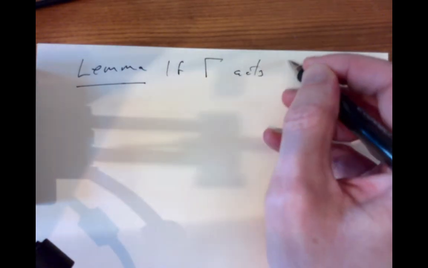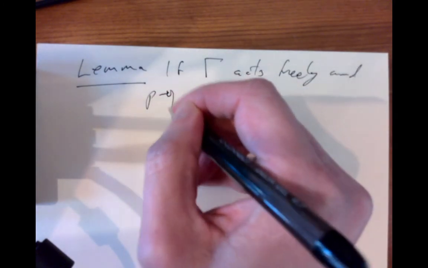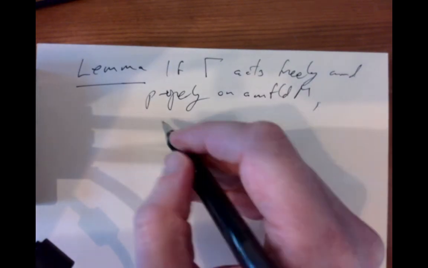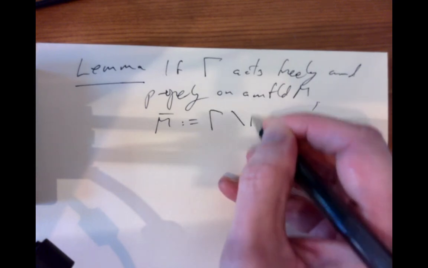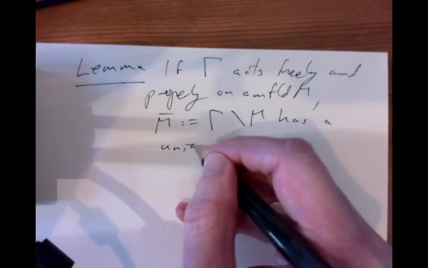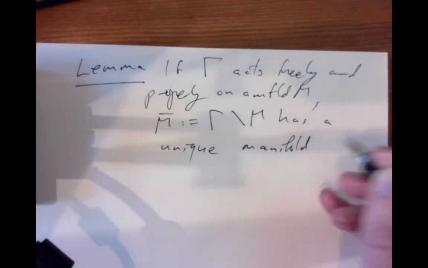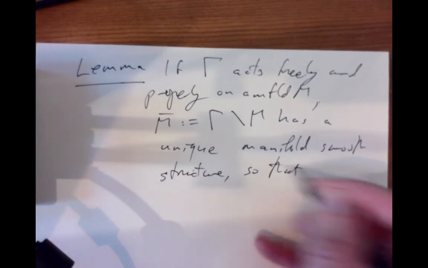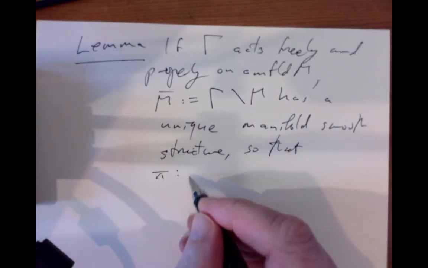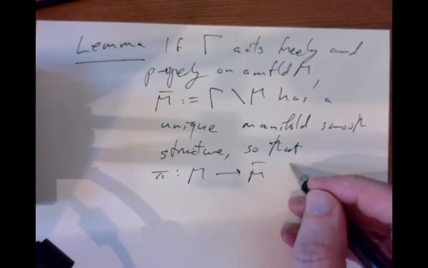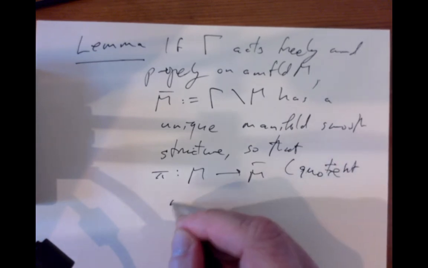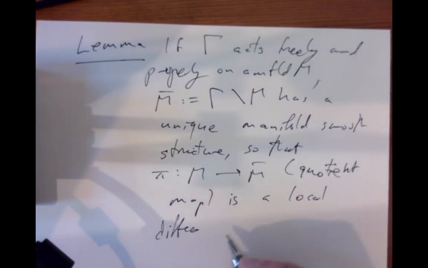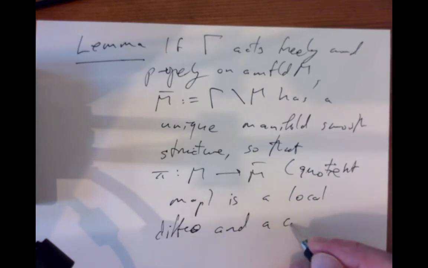If a group acts freely and properly on a manifold, and of course smoothly, it's a smooth action, that's understood, then the quotient, M bar, or gamma mod M, has a unique smooth manifold structure, so that the quotient map is a local diffeomorphism and a covering map.